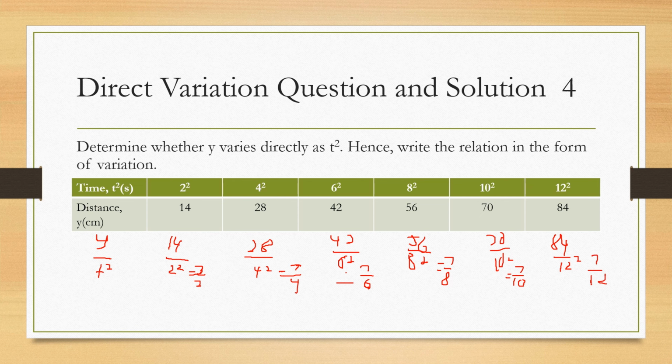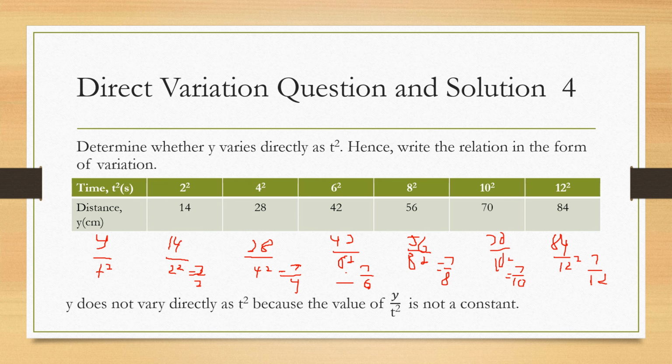So what does this mean? This means that y does not vary directly as t power 2 because the value of y over t power 2 is not a constant. As you can see here, all of them are different answers.